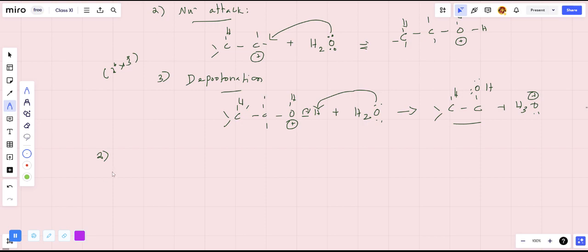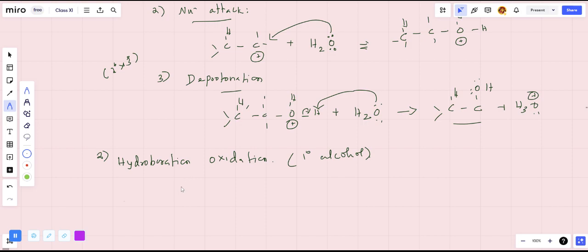This second method is hydroboration oxidation, and it is for primary alcohol. Diborane reacts with alkenes to give trialkyl boranes.